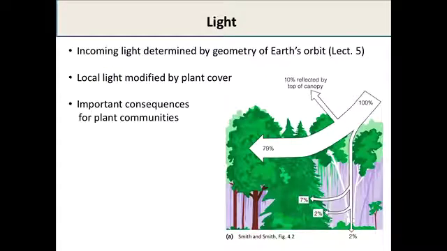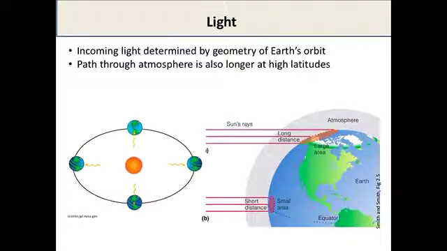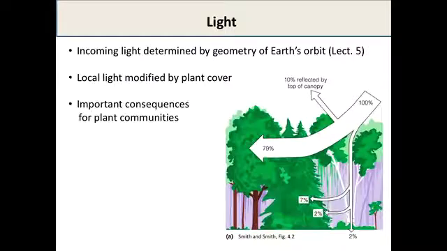But even once the light hits the Earth, be it at equatorial or higher latitude, even then there's further breakdown or further disruption in how the light is partitioned amongst plants. So we can sort of see this as 100% of light comes in, hits the forest canopy, some proportion of it is reflected back.